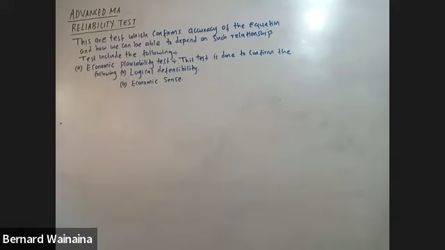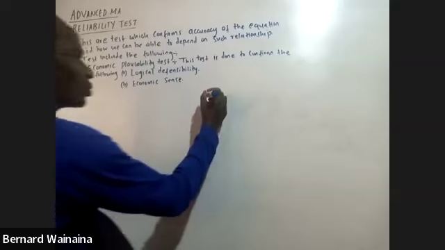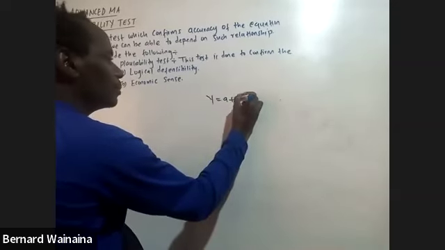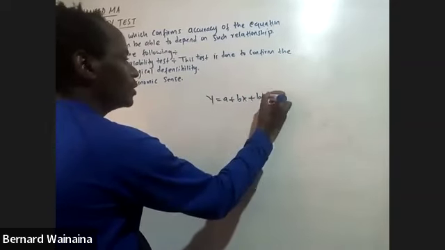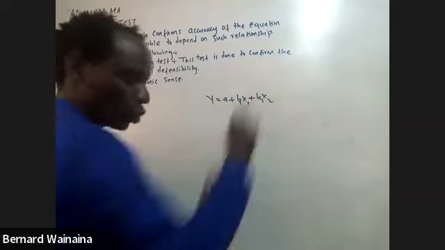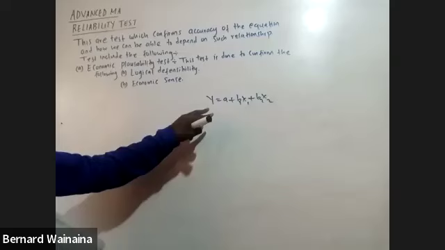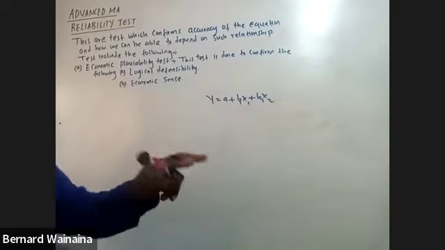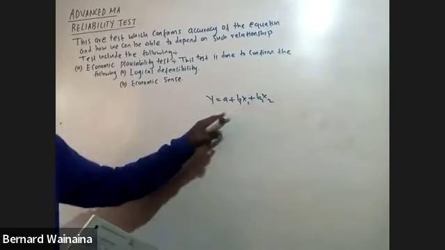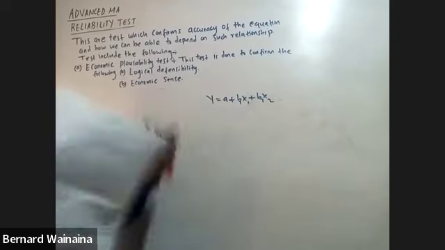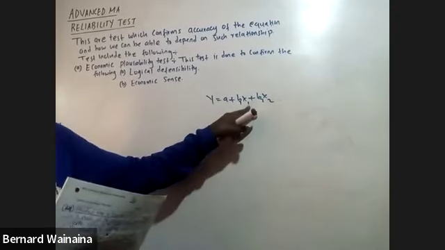Now, this is what you need to know. When you talk about logical defensibility, remember, if you have a particular equation, y is equal to a plus bx plus bx1, and so on. In a particular situation, x will have some effect on y. What will happen when the condition changes?